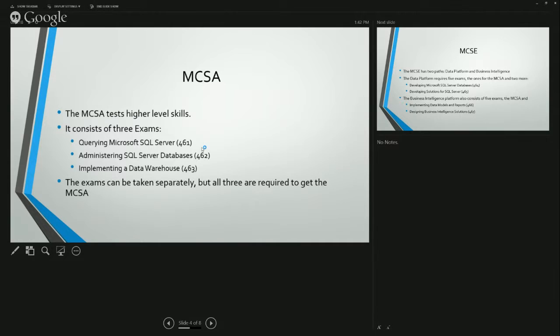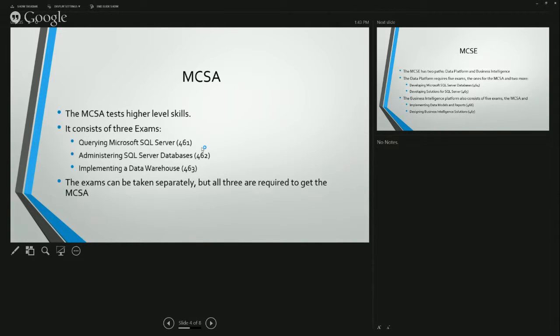Administering, which is kind of like what this class has been, but with a little bit more, particularly on clusters and networking. Actually, clustering for SQL Server.